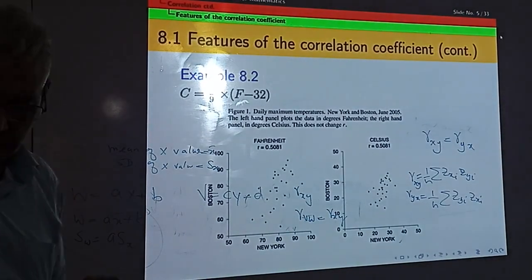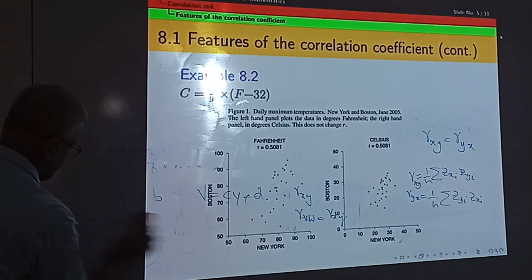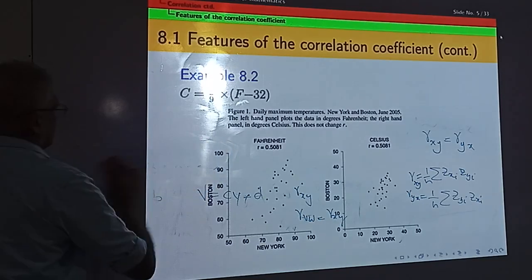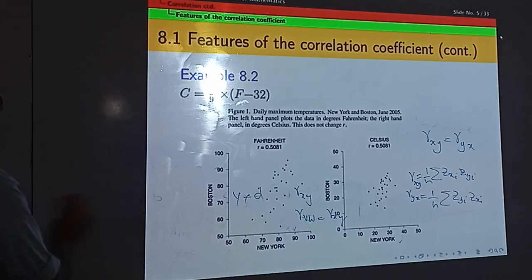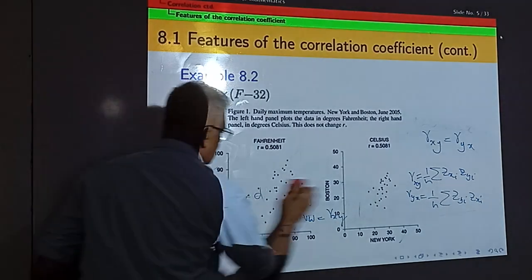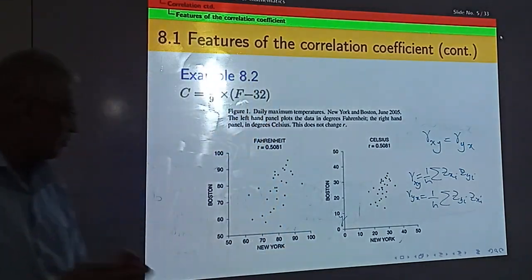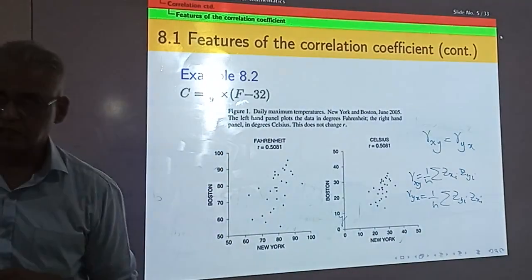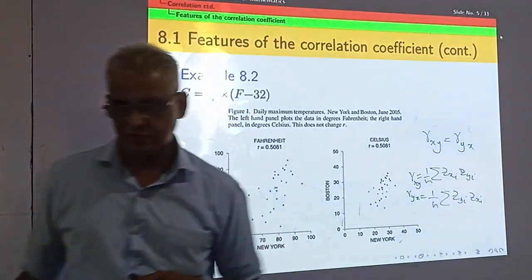For example, consider this transformation here. Suppose somebody has measured the temperature in two towns on different days. Today I measure the temperature in New York and Boston in Fahrenheit. Somebody else measures the same thing in Celsius.